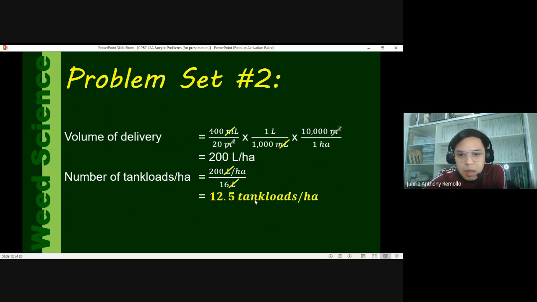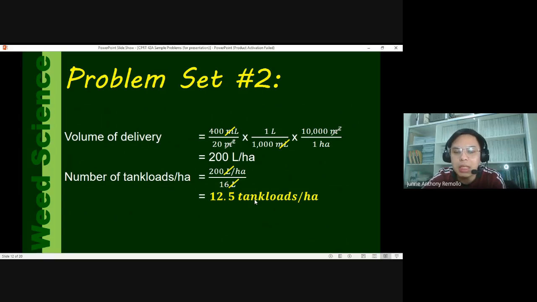So observe which units have been canceled. We canceled first the milliliter units when we obtained the value of the volume of delivery in liters. And then after obtaining the volume of delivery, we multiplied it by 10,000, and we canceled the square meters units.